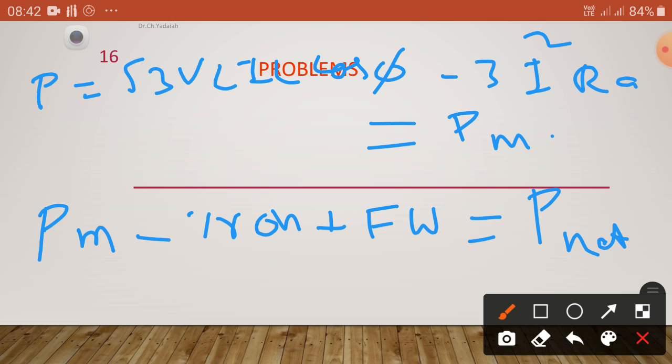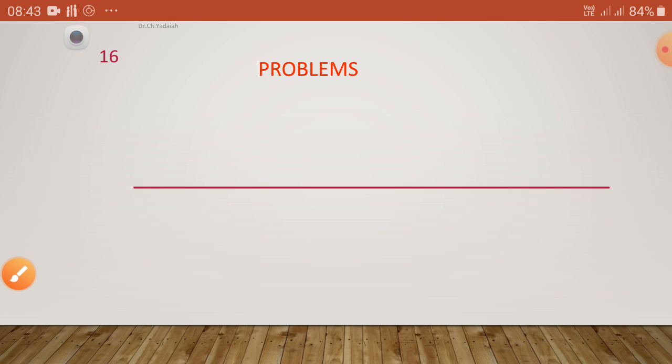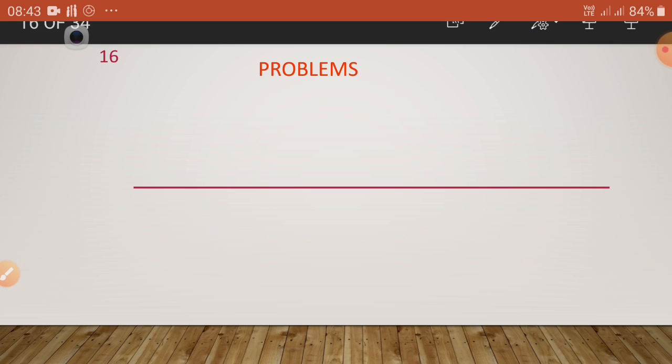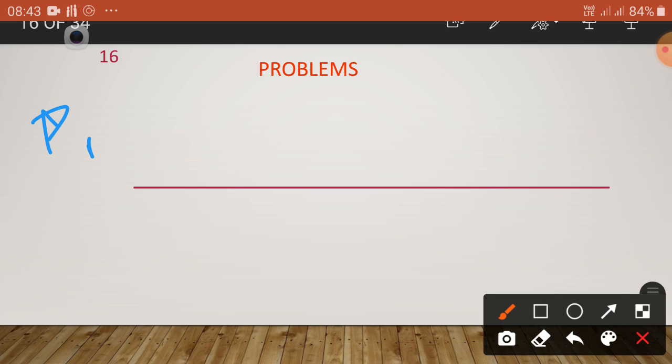Now, what is the P net? Power developed per phase. We can write PM directly for power developed per phase or three phase. EB is the back EMF, IA the armature current, and the angle between the two. While doing the calculations, you have to convert everything into phase values. Remember that.